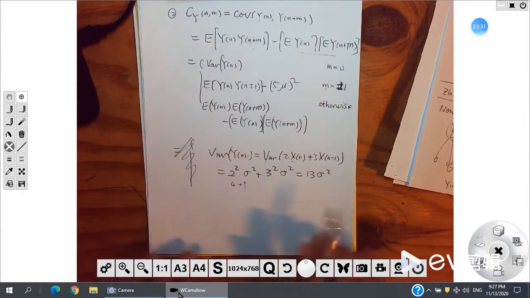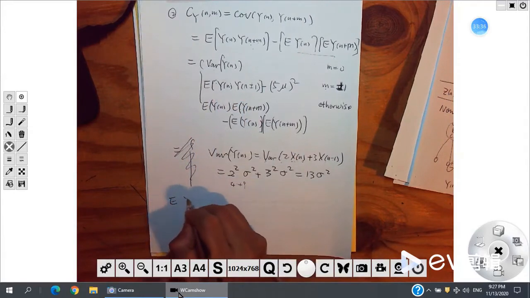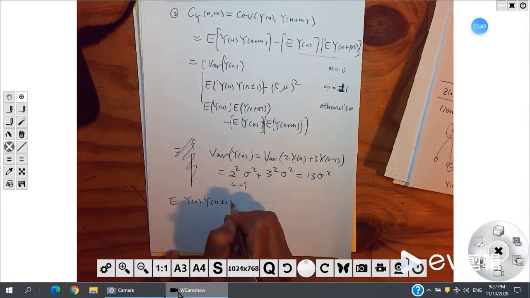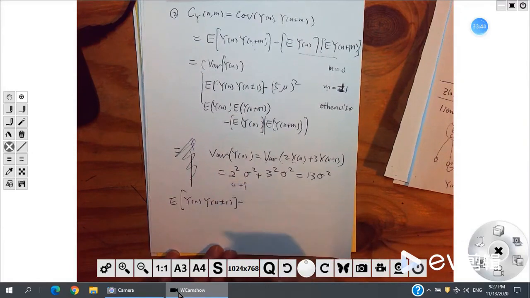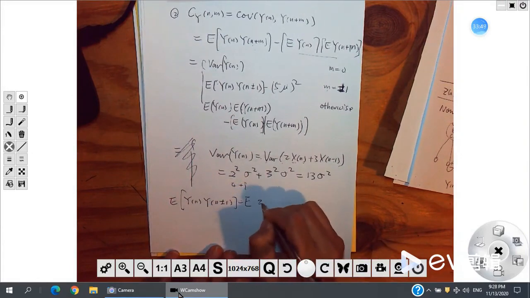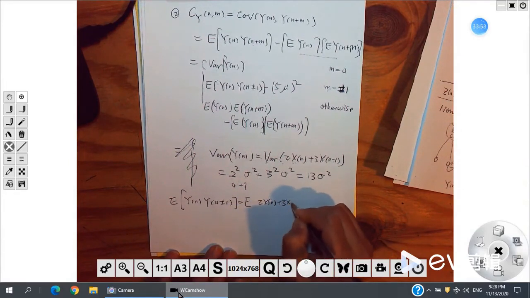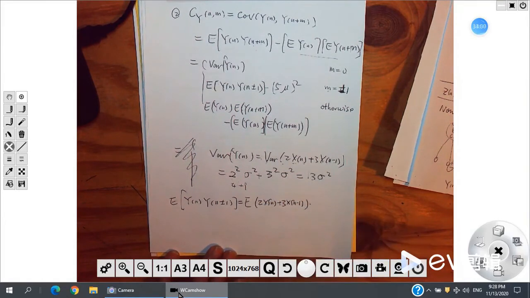And second, we need to calculate e of y of n and y of n plus or minus 1. For this one, we need to plug in what x and y are. Y is 2x plus 3 of another x, with the index like this. Times, oh, I need more space.